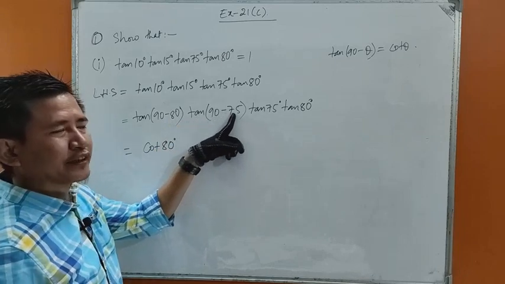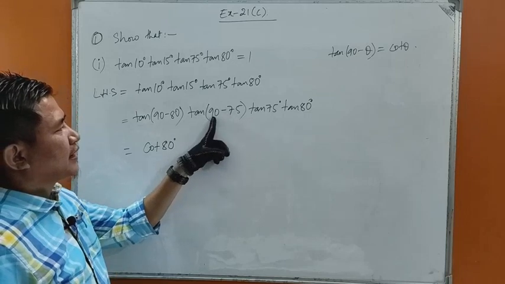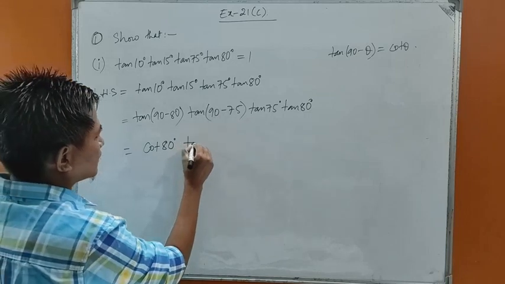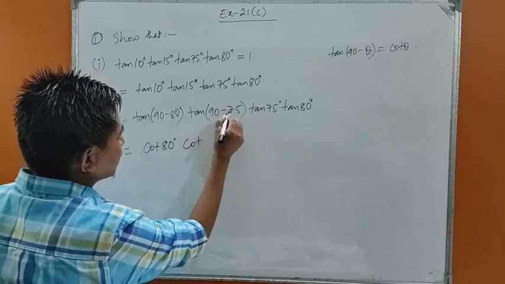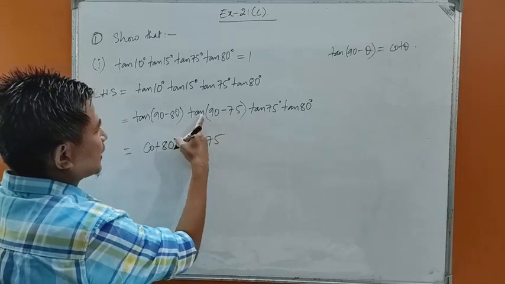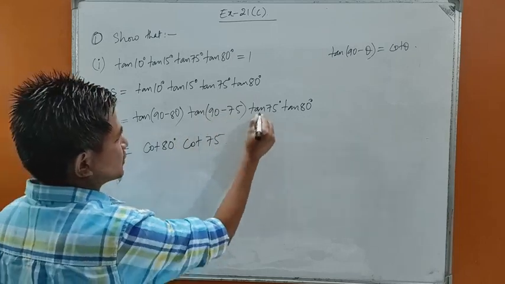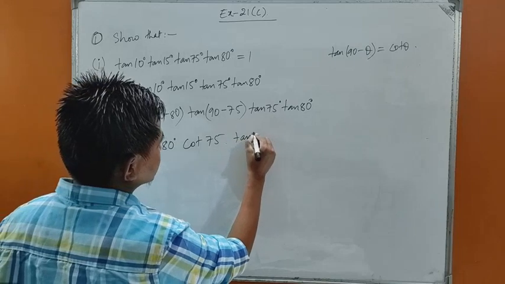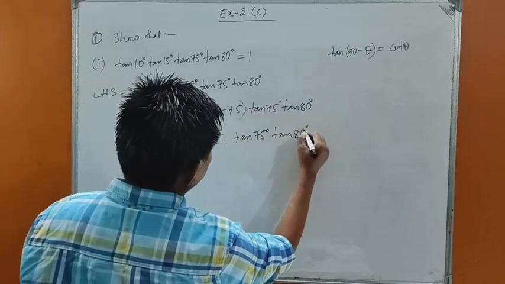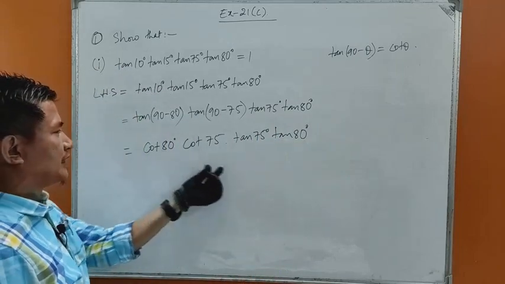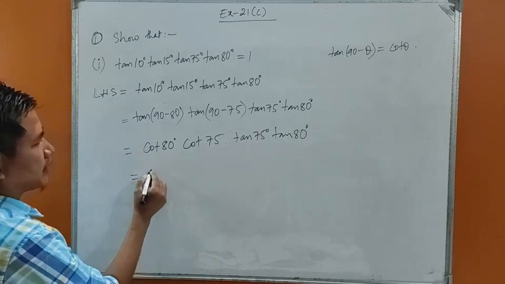Here theta is 75. So tan 90 minus 75 means tan 90 minus theta, which is cot 75, isn't it? Tan 90 minus theta is cot theta and theta is 75 here. So this tan 75 into tan 80. So cot 80 and tan 80, let me write these two together to make you understand better.